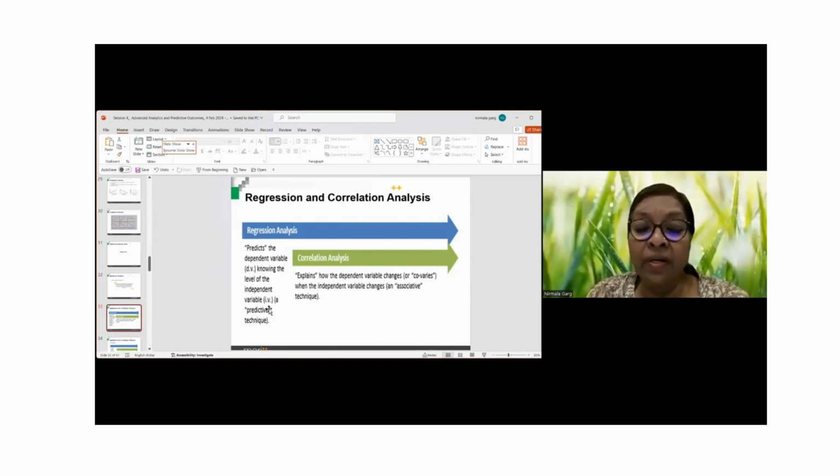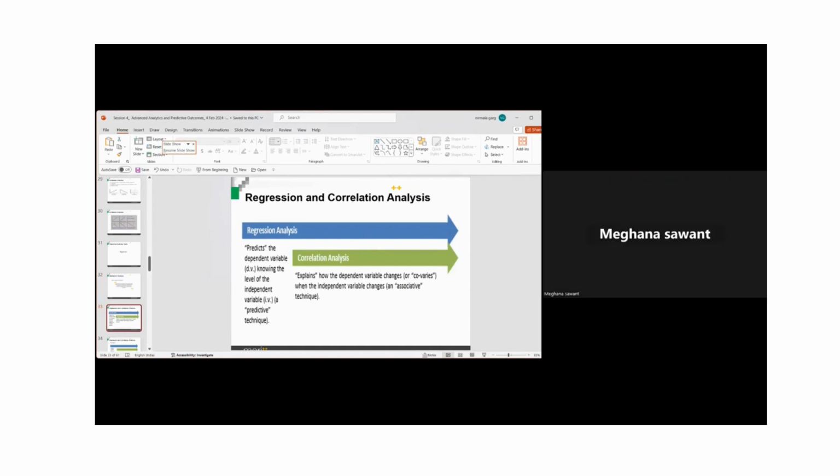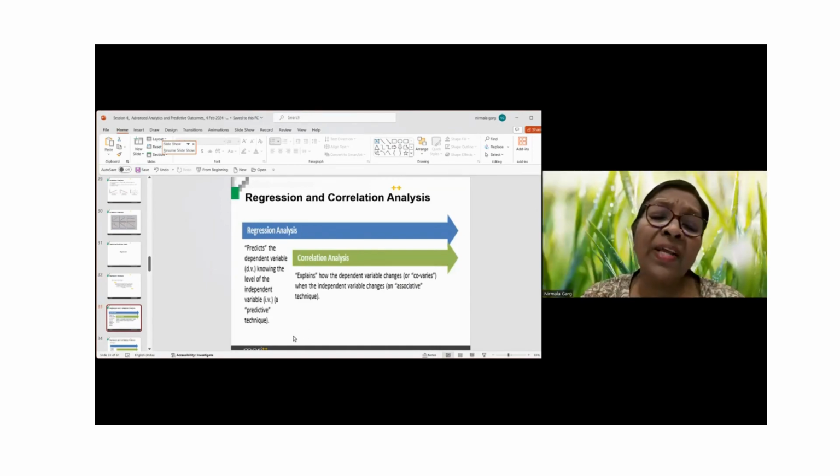Now, when I showed you the data in terms of performance and engagement, what will be that variable? Engagement will be the independent variable or the dependent variable?